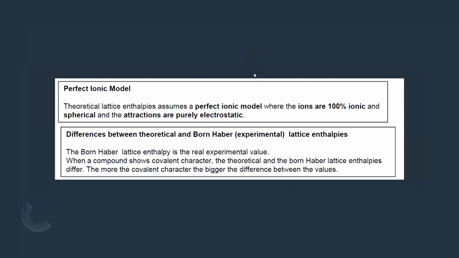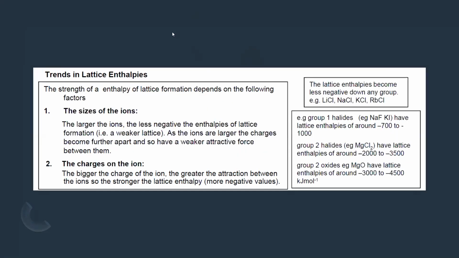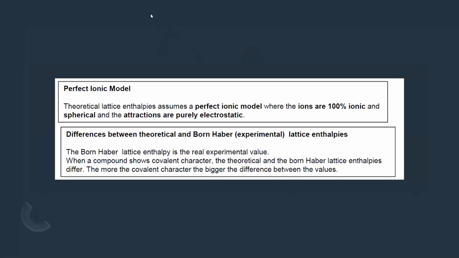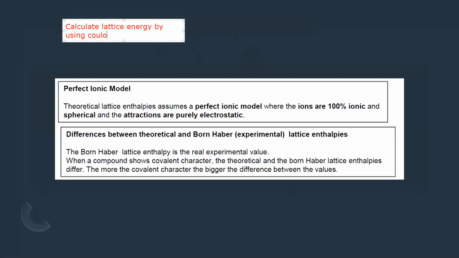Now, what we observe: when we calculate the lattice energy by using a law called Coulomb's law, you don't have to learn this law.